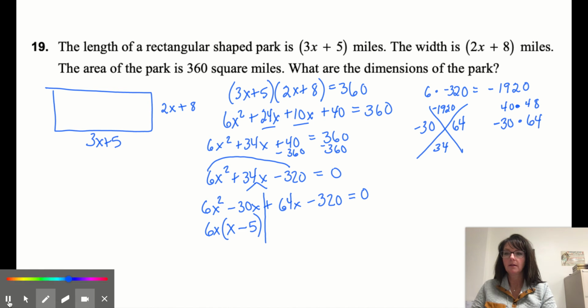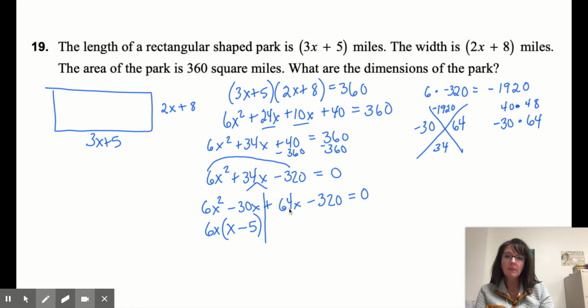Okay. All right. And then on this side, we're looking like we need x minus 5 here. So that means we would have to factor out a 64. We need to know, is 64 a factor of negative 320? And it is. So we can factor out a 64, and when you take 320 divided by 64, believe it or not, it's 5.